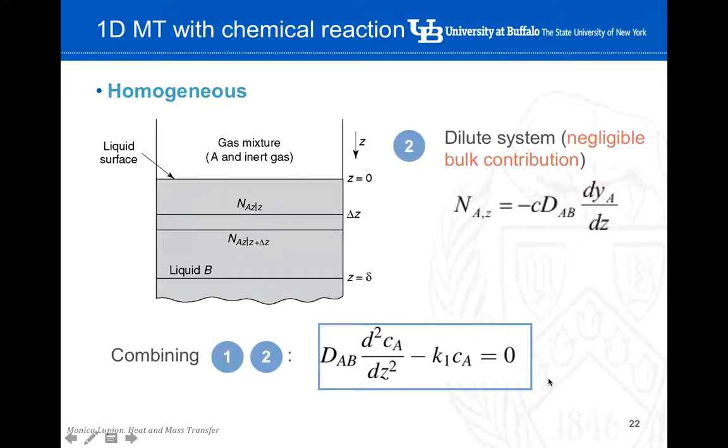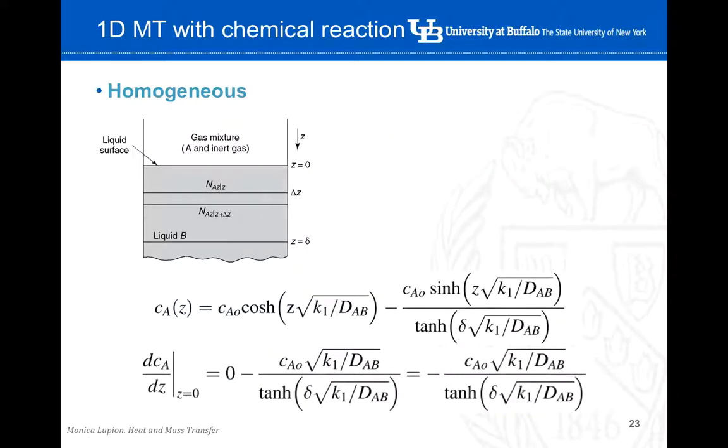This equation here is describing the case of a one-dimension steady state process with homogeneous reaction. If you want to solve it and apply the boundary conditions, it looks like this.